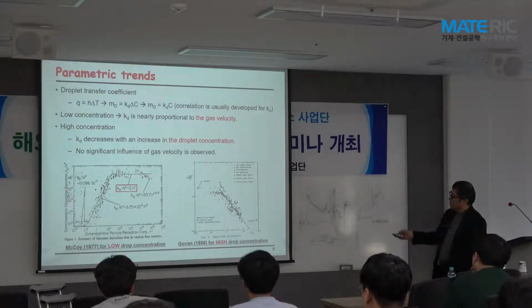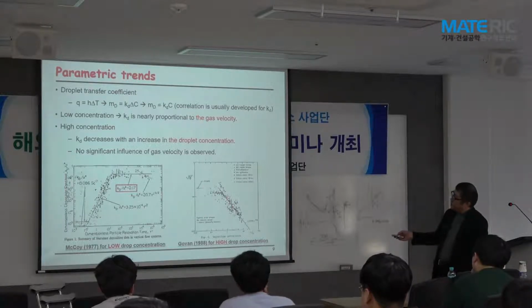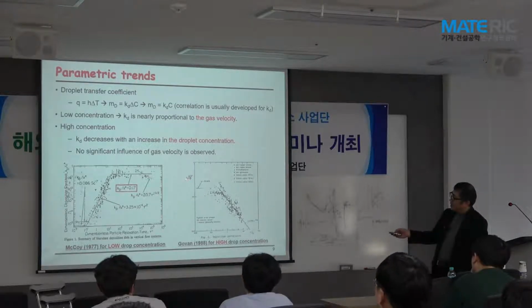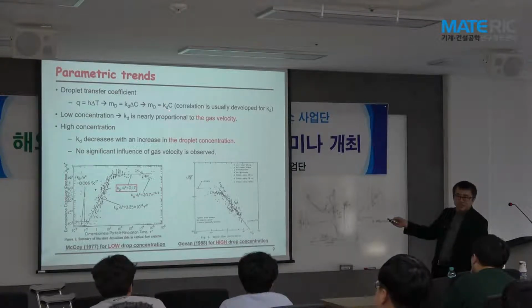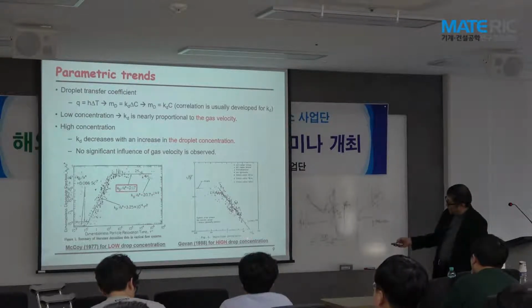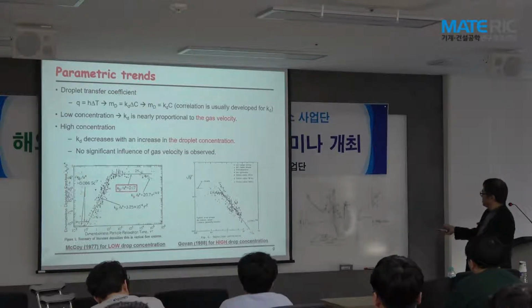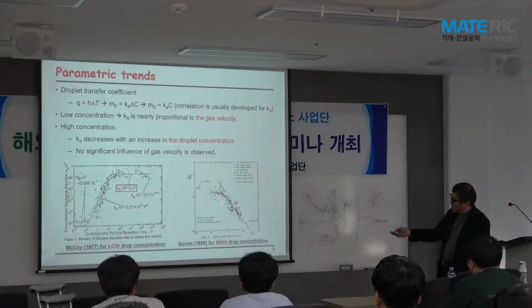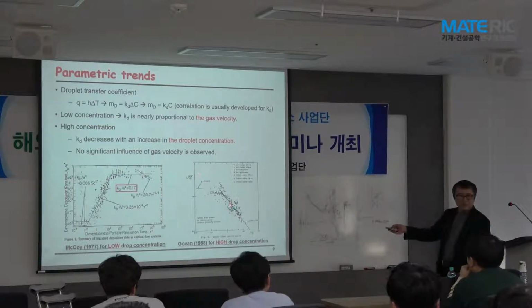However, if the concentration is very high in this case, the vertical axis is essentially the mass transfer coefficient, Kd, in this equation. And the horizontal axis is the droplet concentration. How many droplets are here? And you can see, if there are many droplets, deposition becomes more difficult.